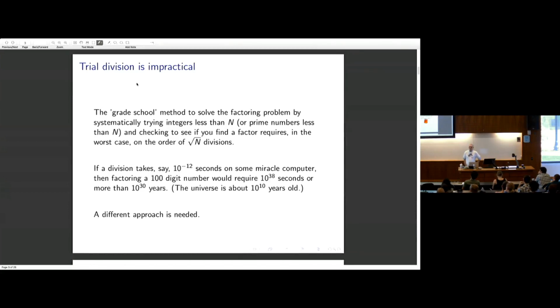But if you think about this algorithm, we routinely nowadays talk about 50, 80, 100-digit numbers. And if you think about a 100-digit number, that's 10 to the 100th.